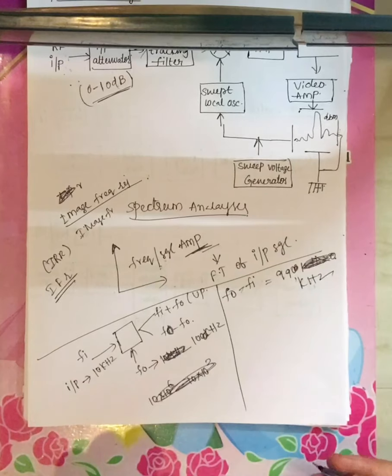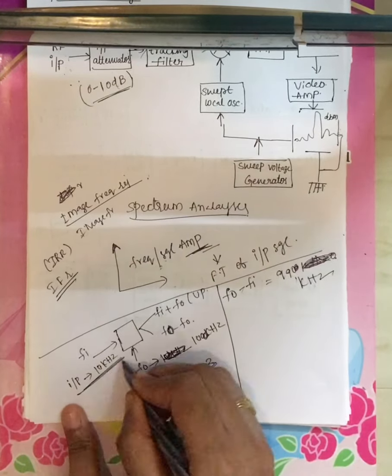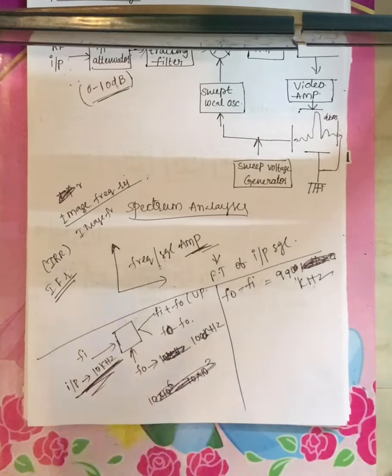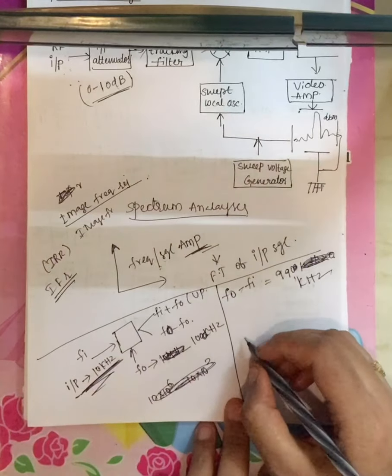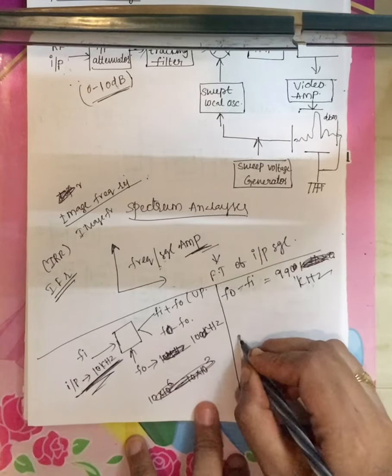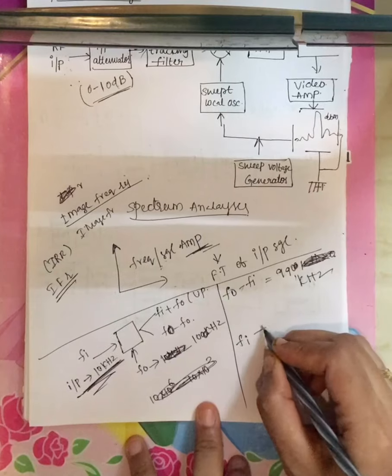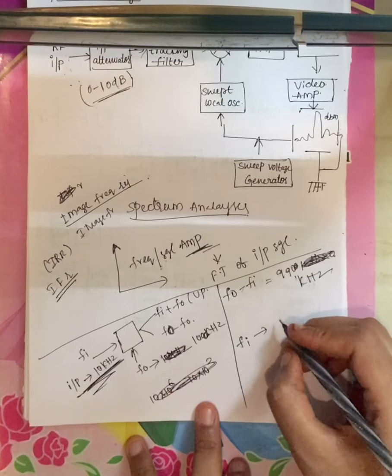Now there is another possibility. This is your input signal that you want to transmit from transmitter to receiver. Now what is the other possibility? Fi is some frequency.